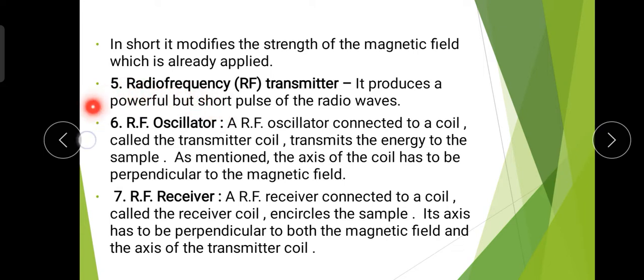Now the sixth one is the RF oscillator, that means radio frequency oscillator. An RF oscillator connected to a coil called the transmitter coil transmits the energy to the sample. As mentioned, the axis of the coil has to be perpendicular to the magnetic field. That means the RF oscillator is connected to these coils.